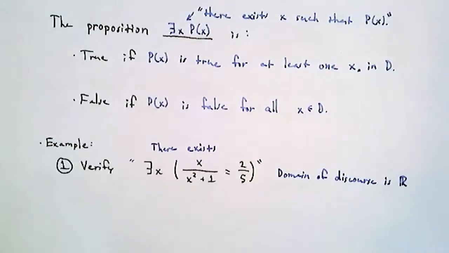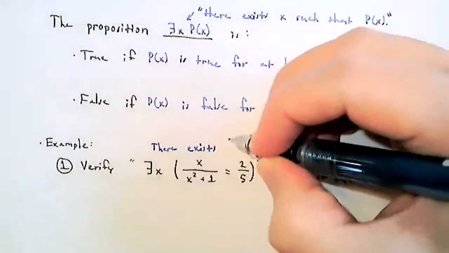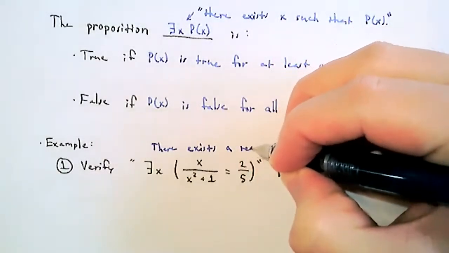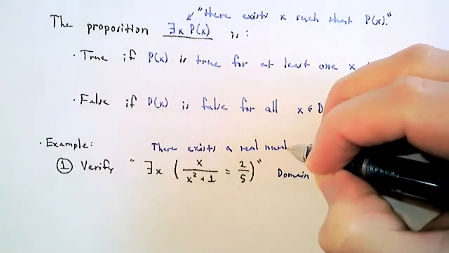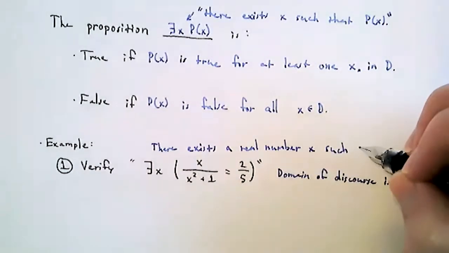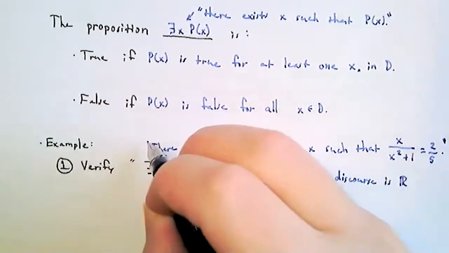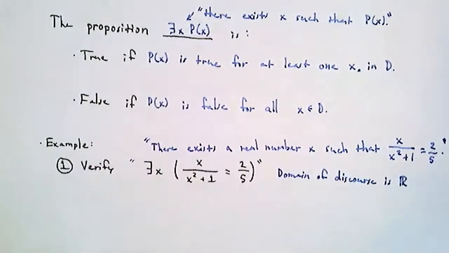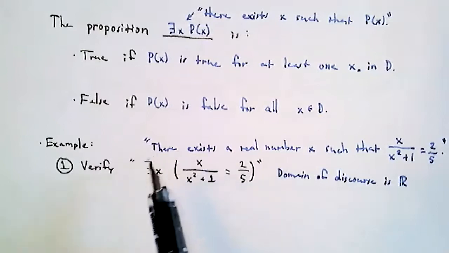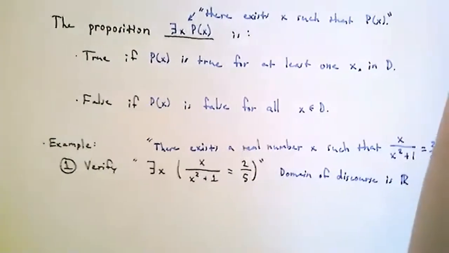So if we wanted to translate this into English, we would say there exists a real number x such that this equation is true. So this is how you might translate the symbolic argument into words that are actually understandable by us.